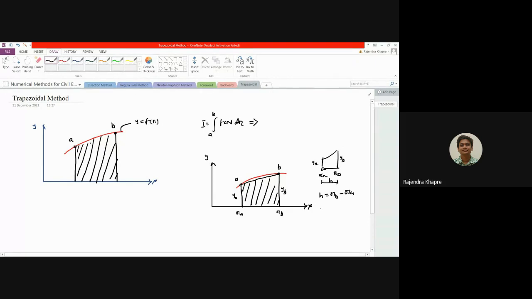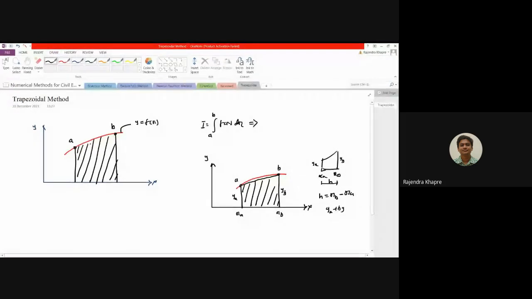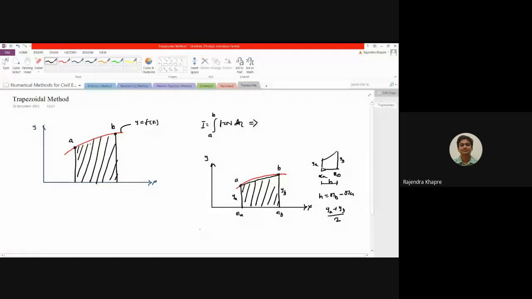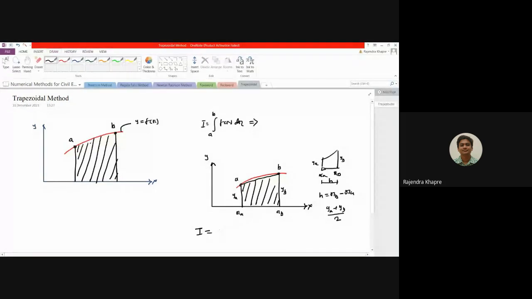So average height can be calculated by a simple expression, that is ya plus yb, divided by 2. So all we have to do is just multiply h with the average height, so that your integration now will become h into ya plus yb divided by 2, isn't it?